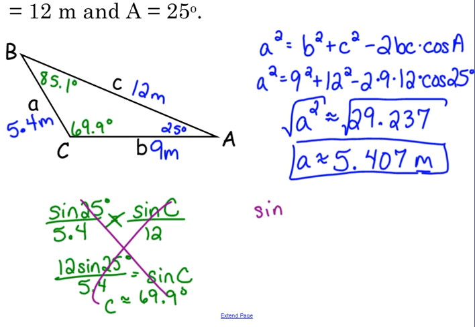Let's solve for the other angle first. Let's solve for the sine of B. That would be over 9.